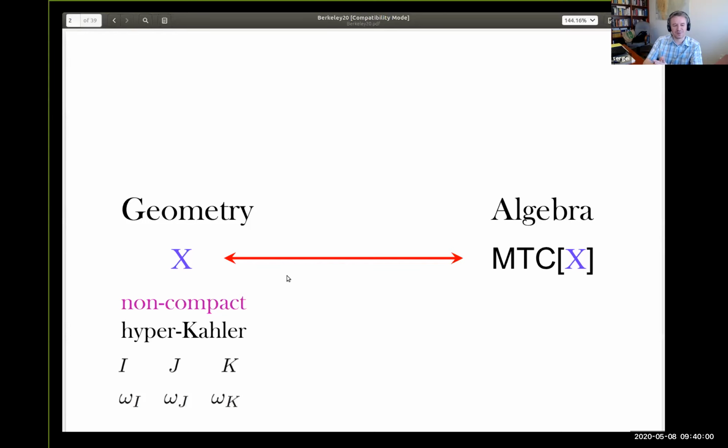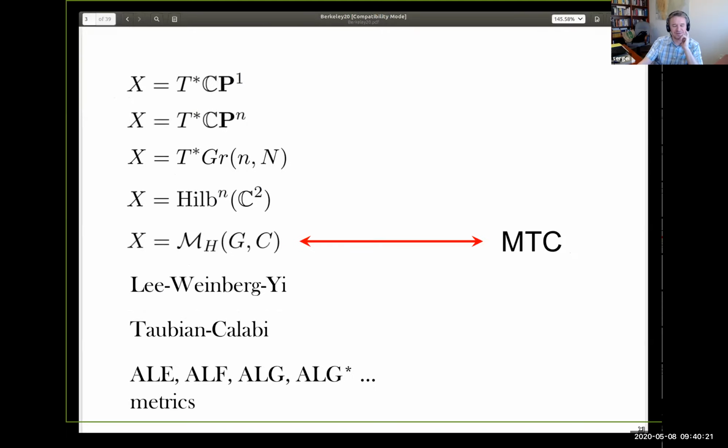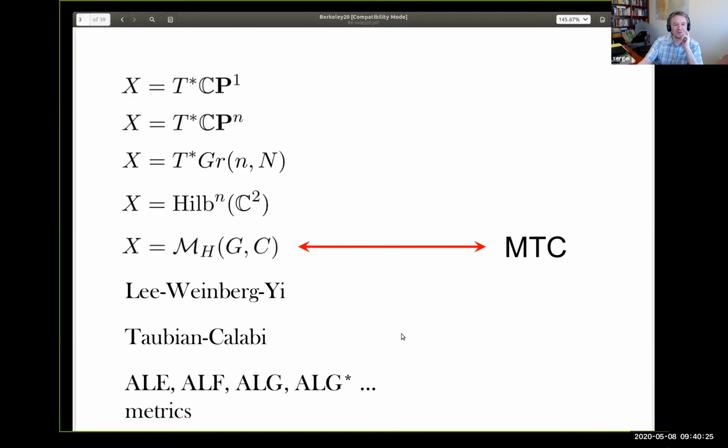My most interest will be in cases when X is non-compact, and the reason will be explained later. So in that sense, the geometry side is already almost done, because there is nothing more I want to say about it now. From now on, you can start thinking about your favorite examples of hyperkähler manifolds.